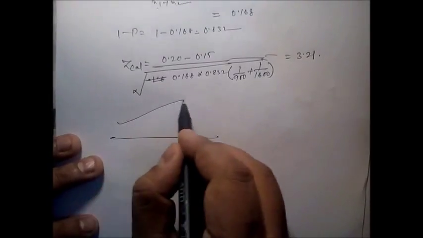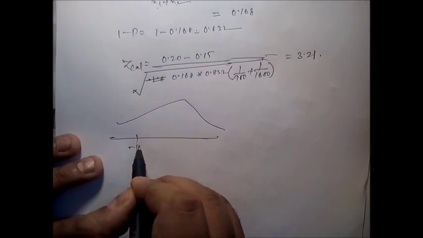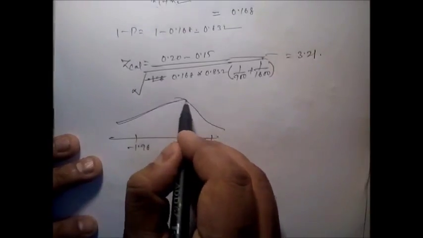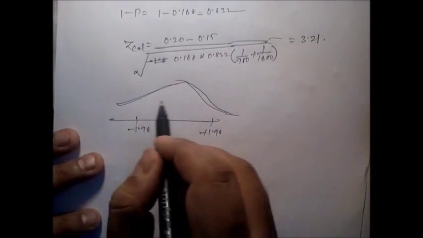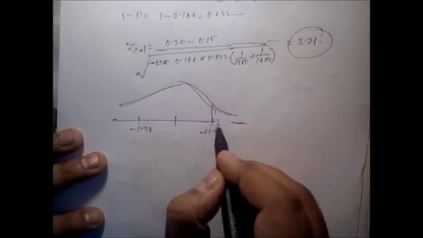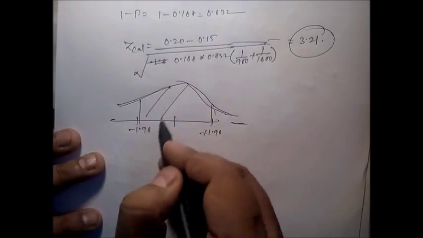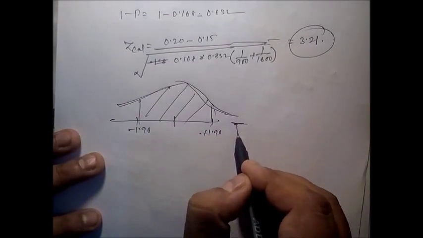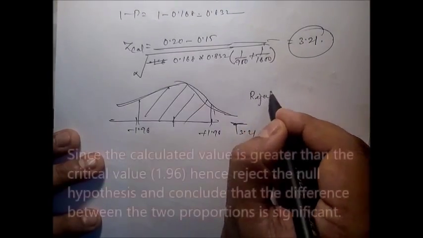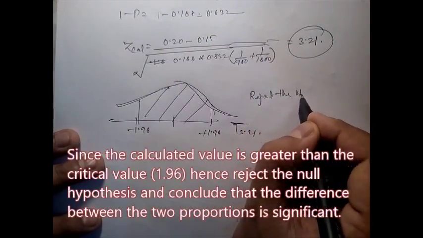Level of significance is 5%, minus 1.96 to plus 1.96. So the value is 3.21. This is the acceptance region, and the value is somewhere outside, so reject the H0.